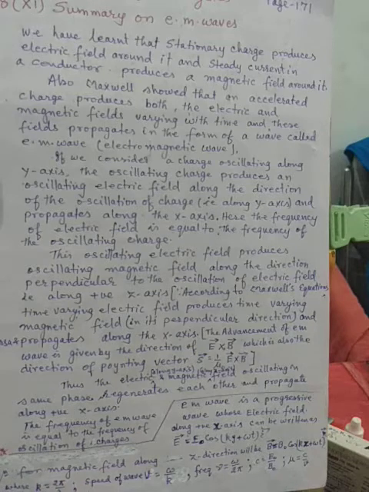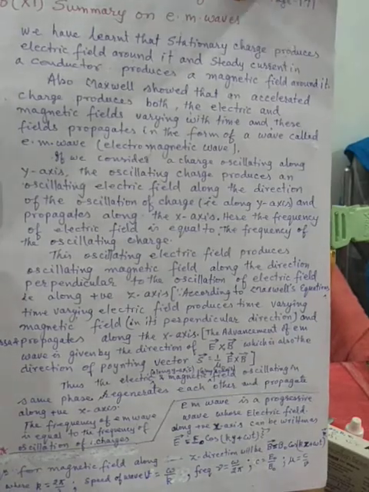The speed of the wave v is equal to omega by k, frequency is omega by 2 pi, the speed of the electromagnetic wave is E0 by B0, and the refractive index of the medium is c by v.